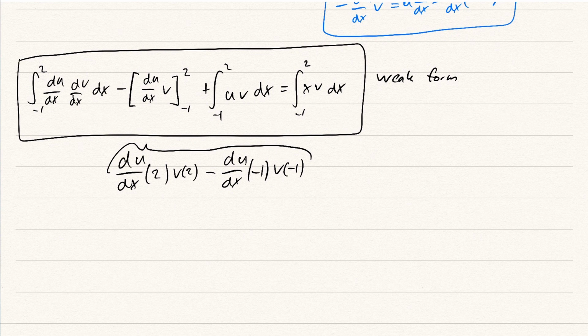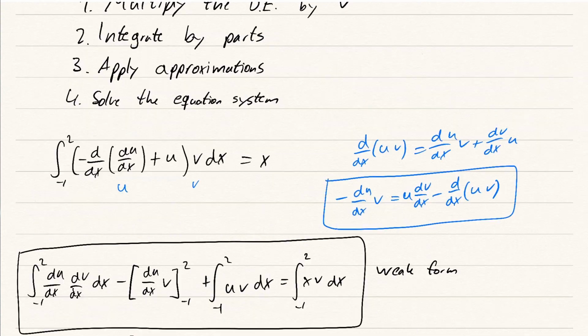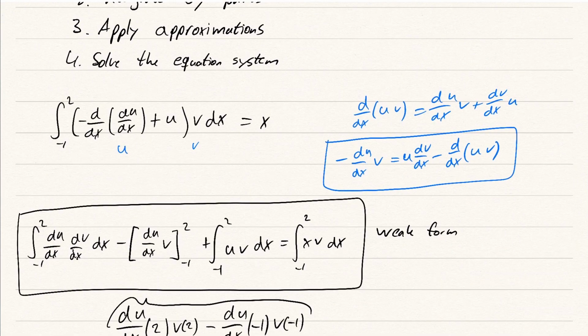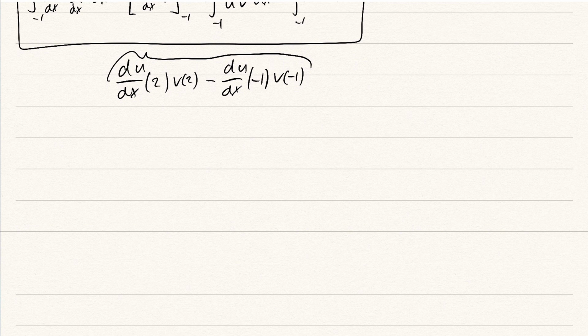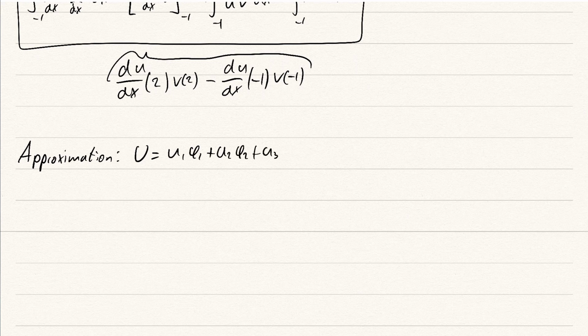Now we start with the third point, which is applying the approximations. We will do a second order approximation here, just because it's fun. Let's say it's arbitrary: u1 phi1 plus u2 phi2 plus u3 phi3. If you do this graphically, I'm going to show you what this means.